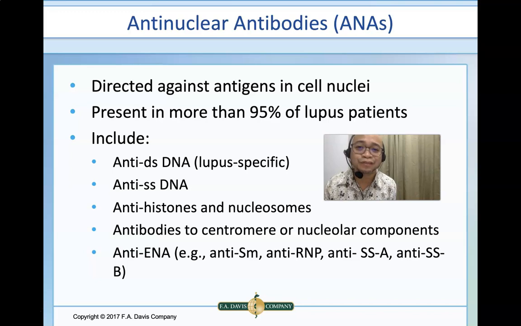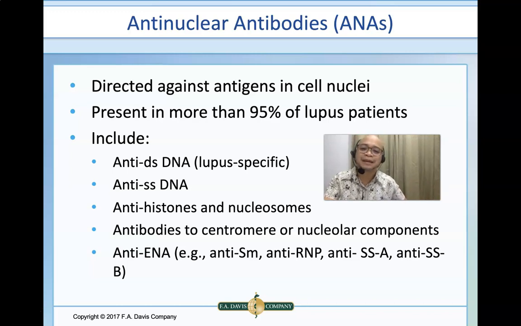More than 95% of patients with lupus may have anti-nuclear antibodies, and it is most commonly performed using indirect immunofluorescent assay. The most specific ANA for SLE is the anti-double-stranded DNA, because this one is lupus specific. If you look at the table in your book, particularly table 18.2, you would notice there are some immunologic patterns that let us determine what antibodies are present.